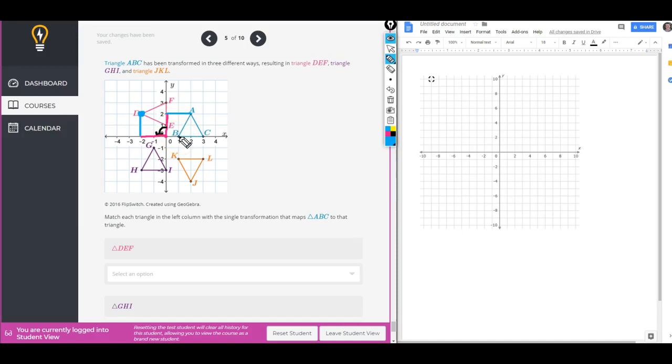Let's check the next 2 points. So we have point B. There isn't a height on this, and that's okay. So I start at my 0, 0, and I go to point B. That is over 1 unit. Now if I rotate this 90 degrees counterclockwise, it's going to end up being right here at point E. That checks out.